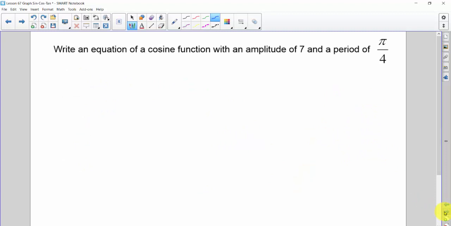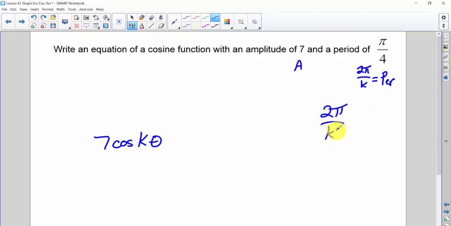Next, we're going to be asked to write a cosine function. It says we've got an amplitude, so that's an a of 7, and a period, which is 2 pi over k, of pi over 4. So let's just grind that out. We have 7 cosine of, this is basically going to be k theta or kx. It doesn't really matter. But k, we have to find that. We know that 2 pi over k is equal to pi over 4.